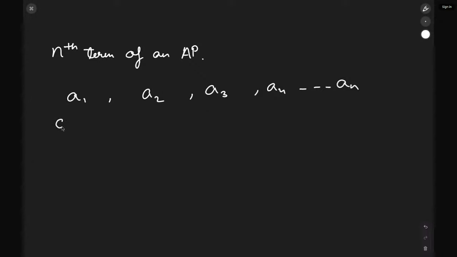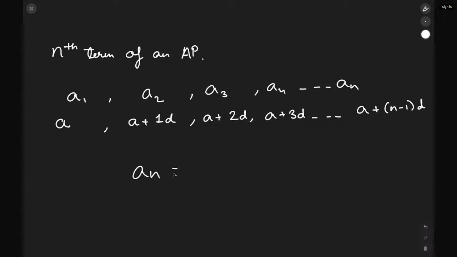Now, if the AP is defined, the first term is A, then the next term is A plus 1D. Again, a D will be added, so it will be A plus 2D. Again, a D will be added, so it will be A plus 3D. And finally, it will be A plus (N minus 1) times D. So the nth term of an AP, AN, can be written as A plus (N minus 1) times D.